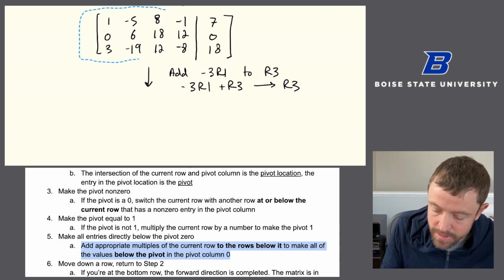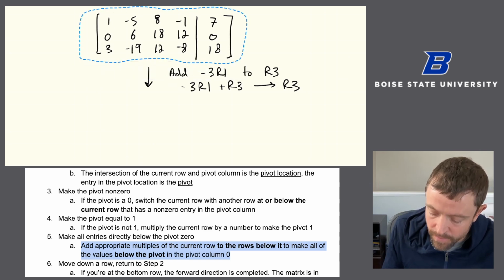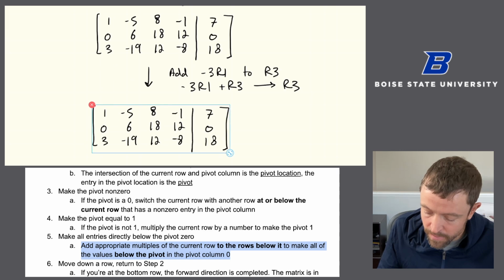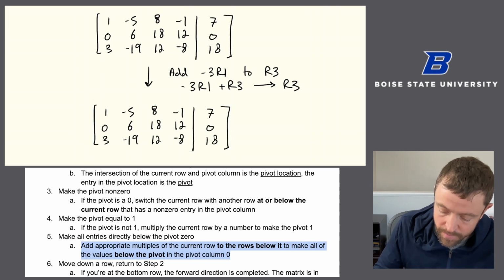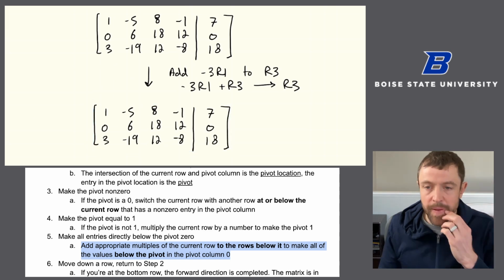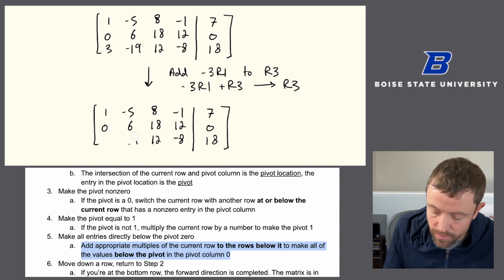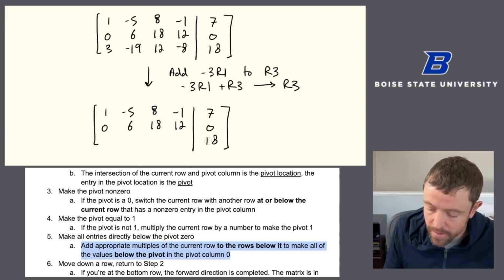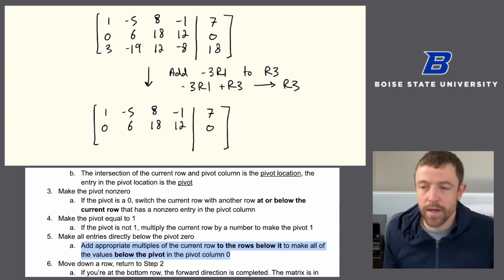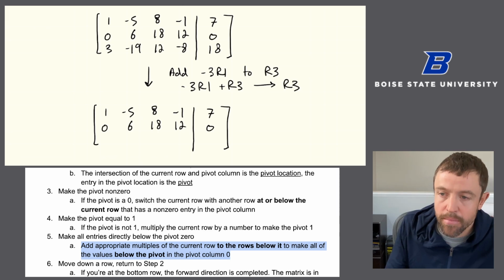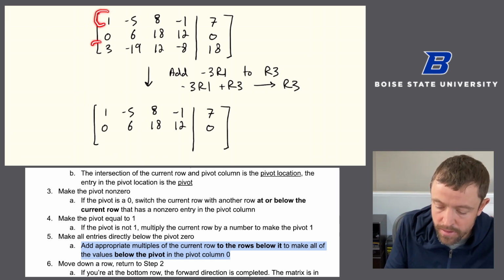Again, let's copy this. Paste it. And it can be a good habit when we do this sort of thing, we're replacing all of row 3. So let's just get rid of it. If you try to replace one at a time, you can run into issues. So I'm adding -3 times this row to this row.